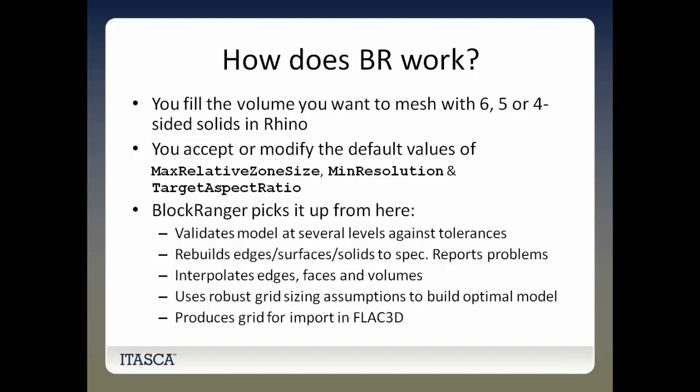The aspect ratio is a little bit more controversial, the way we compute it and the way it is defined. It can be a very severely restrictive parameter, so it should be used very wisely, as if the aspect ratio is diminished, the number of zones may explode. But that is also available.